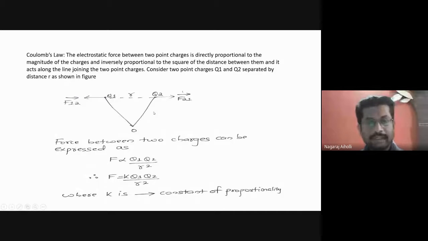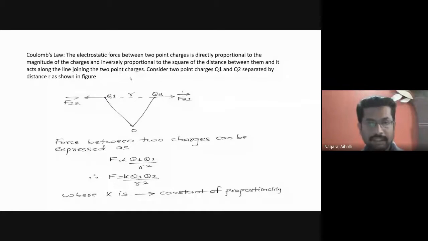Then the force acting between the two charges is directly proportional to the product of the magnitude of the two charges and inversely proportional to the square of the distance between them, and this force acts along the line joining the two point charges.